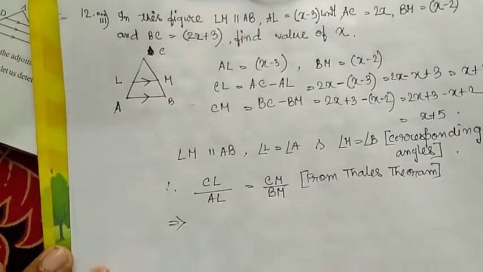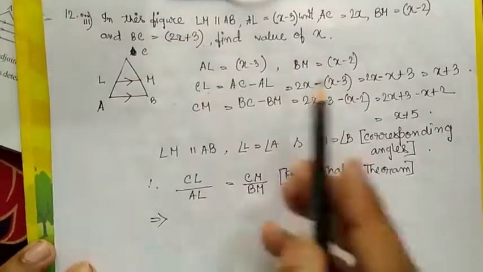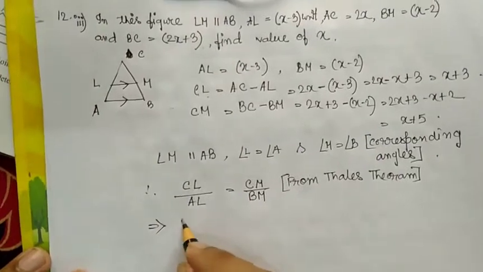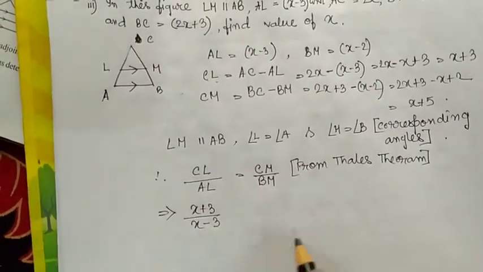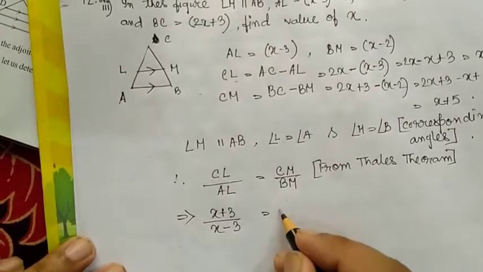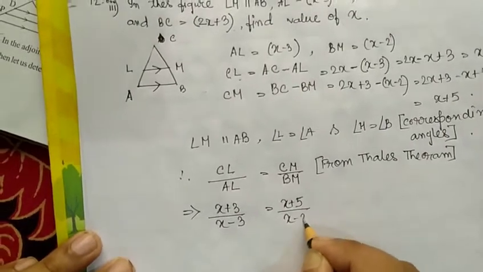Now we have to put down those values. CL means x plus 3, AL means x minus 3, CM means x plus 5, BM means x minus 2.